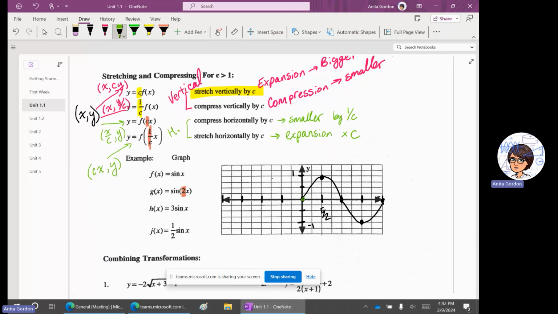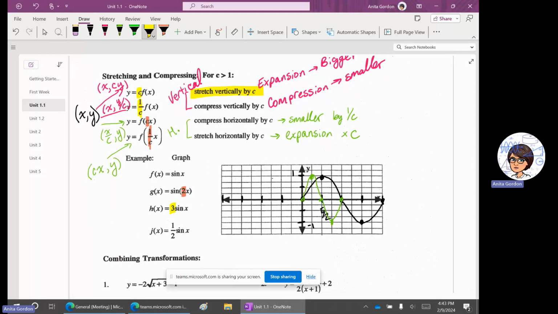Instead of going from 0 to 2 pi, I'm going to go from 0 to pi. That means this pi by 2 is my halfway point. That means here are my peaks of the graph. There it is. I've squeezed it in by 1/2.